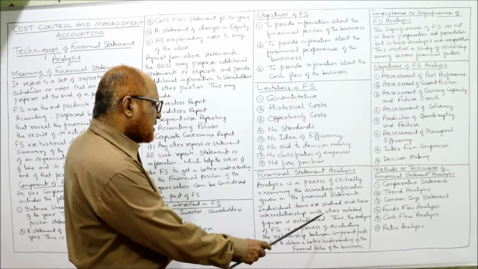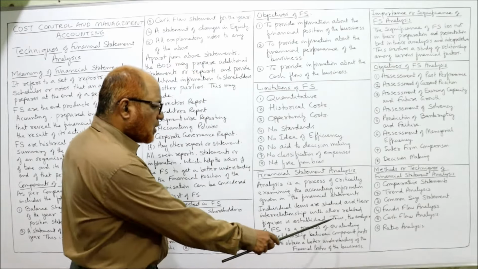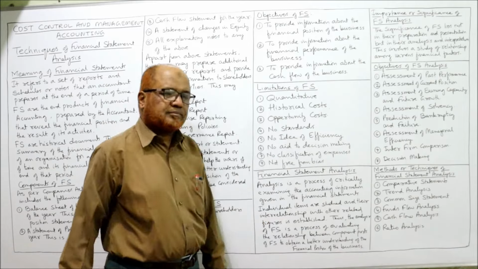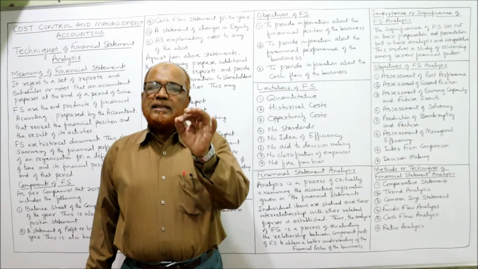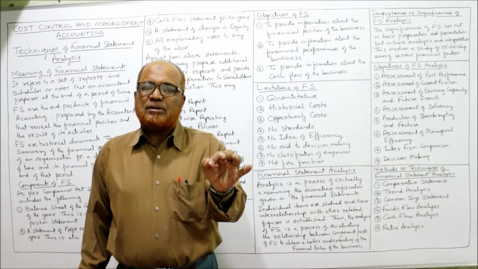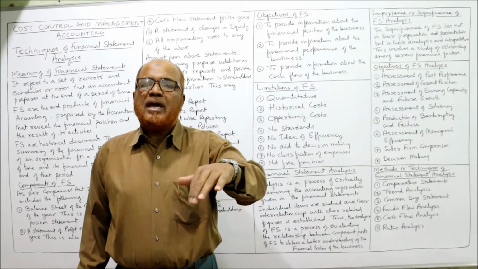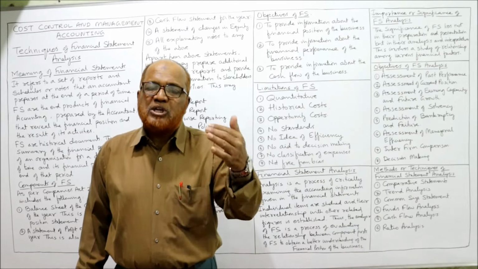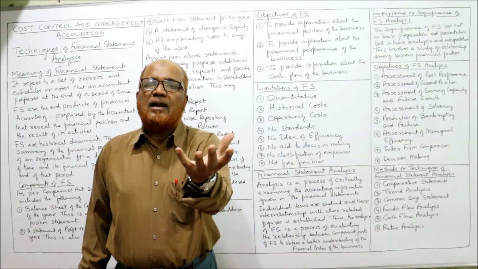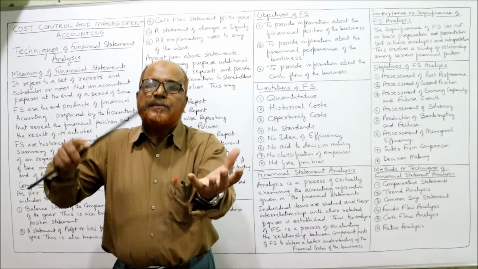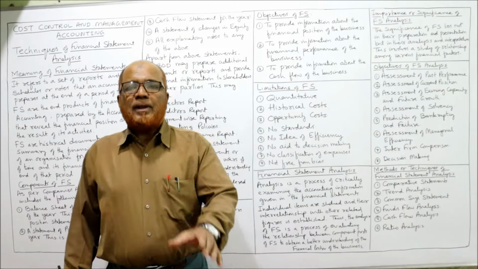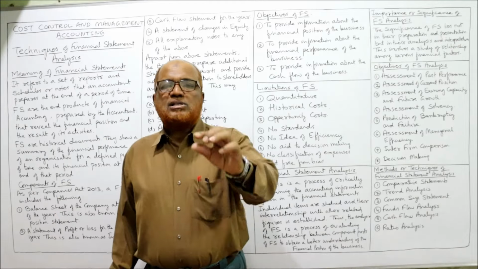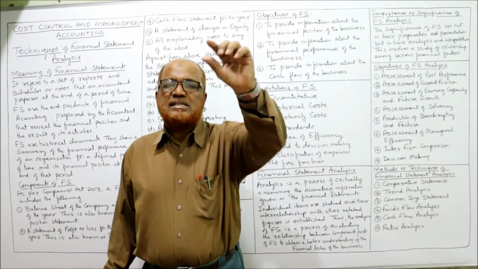And thus the analysis of financial statements is a process of evaluating the relationship. Ultimately, the analysis of financial statements means making the relationship between different items which are given in the financial statement. For example, in the trading profit and loss account, we will have gross profit and we will have sales.